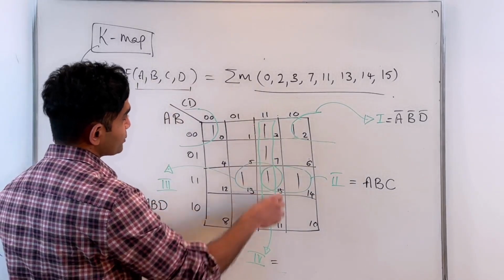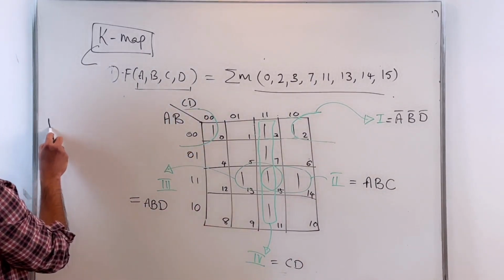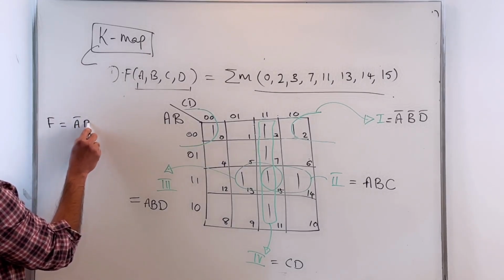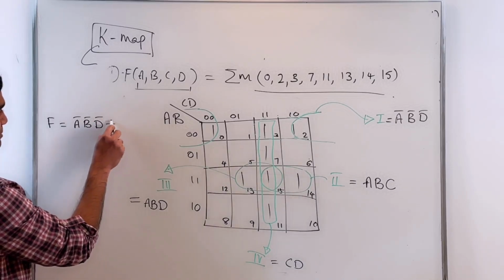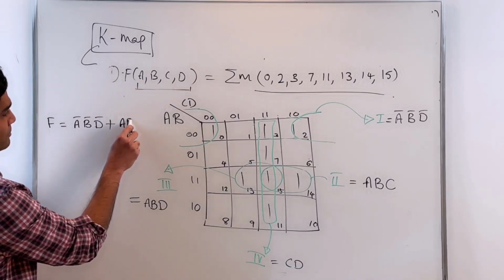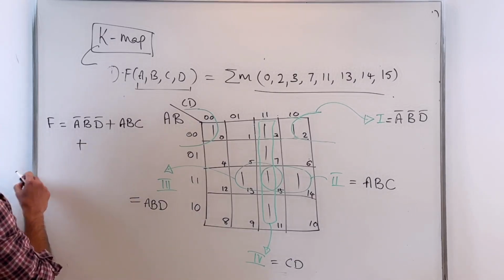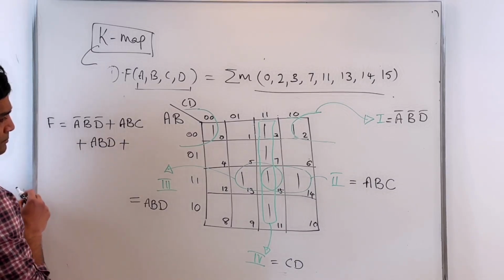What doesn't change is CD, so that's going to be CD. So my simplified function in the end would read as A prime, B prime, D prime, plus ABC, plus ABD, plus CD.